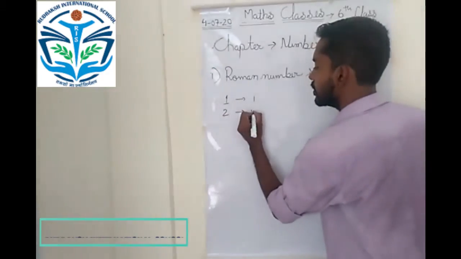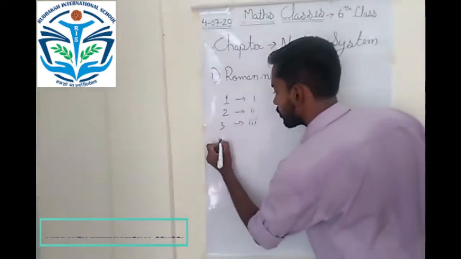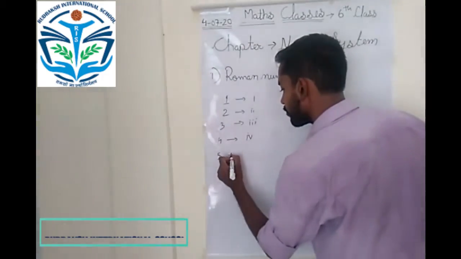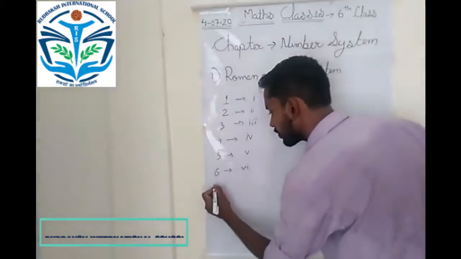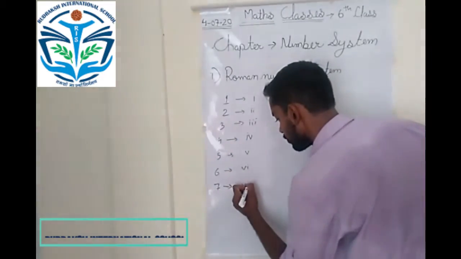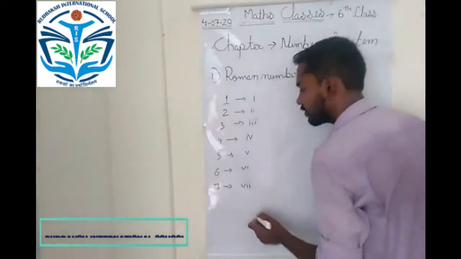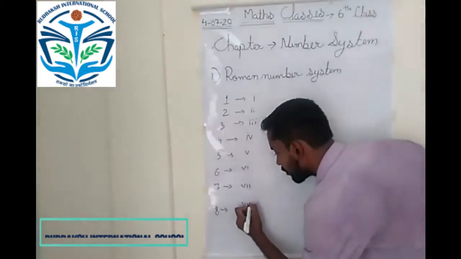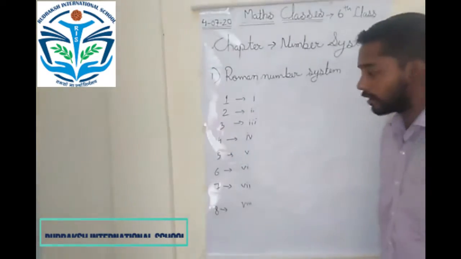For 2, we write like this. 3, 4, 5, 6, 7, 8, and so on. So this is how we write the Roman numbers.